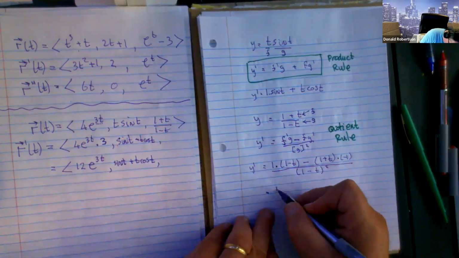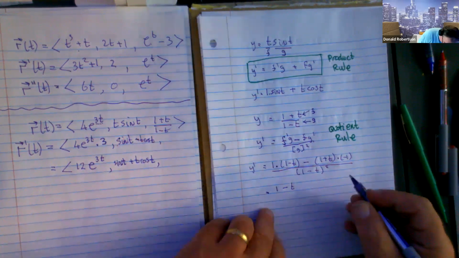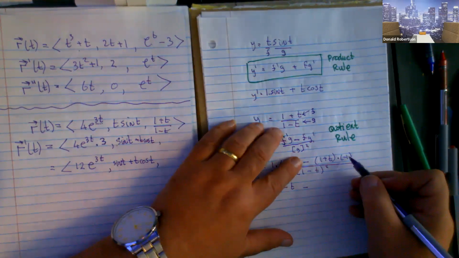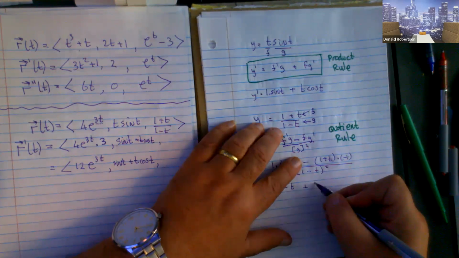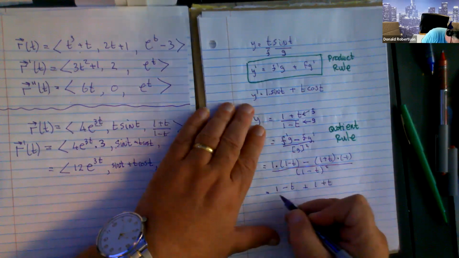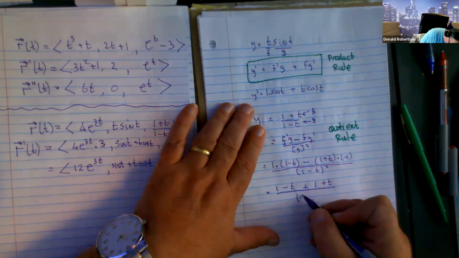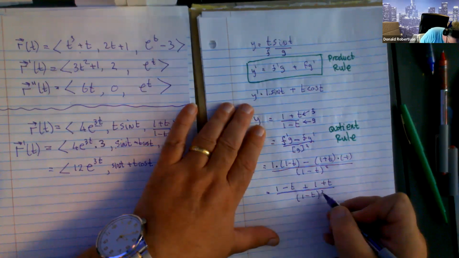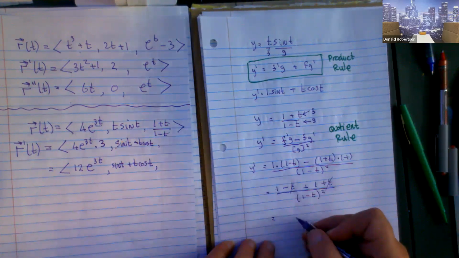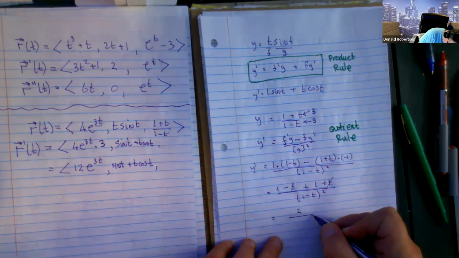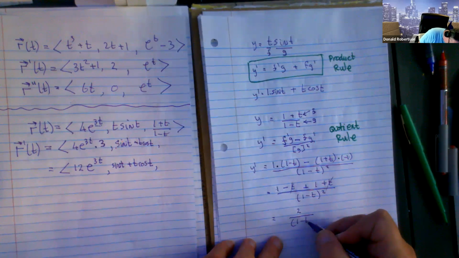So you get a 1 minus a t, take away, well, if you multiply a -1 by that, it makes everybody positive. So you end up with +1 plus t, with the whole thing on the bottom squared. And these cancel, and these combine. And the final answer ends up being that guy.